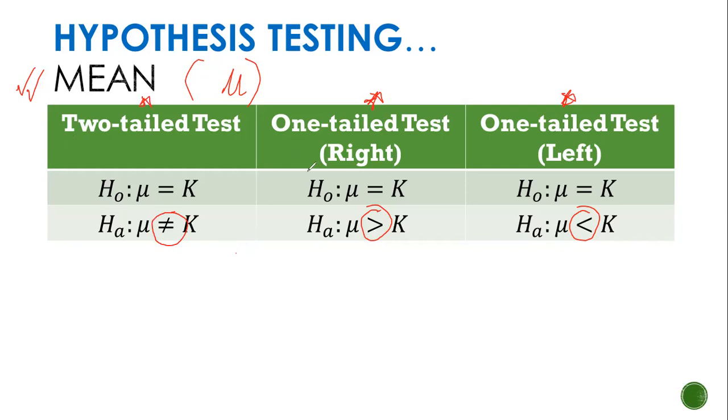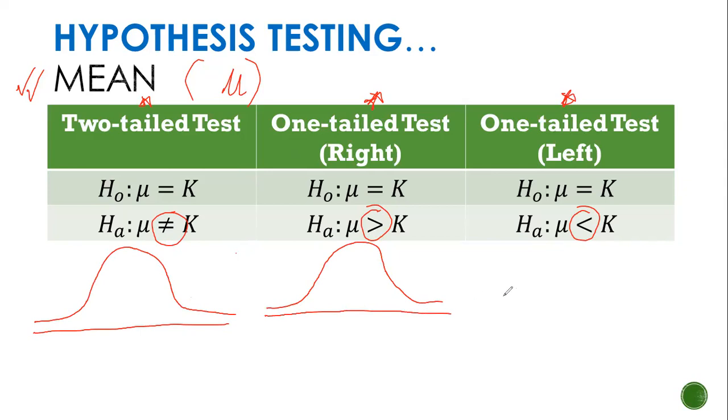Ma'am, ano ba yung one-tailed test, two-tailed test? Okay. So if you can still recall this from your senior high school, this is called your normal distribution curve or your bell curve, right? Pagandahan pa kayo ng ganito dati. Okay. So when we say two-tailed tests, we have a certain areas.